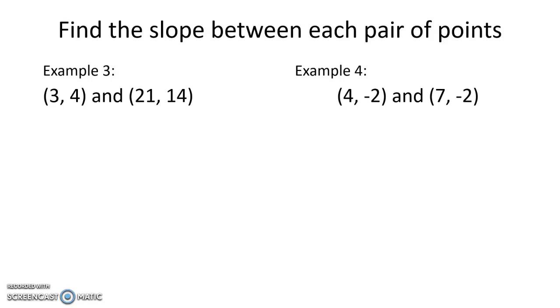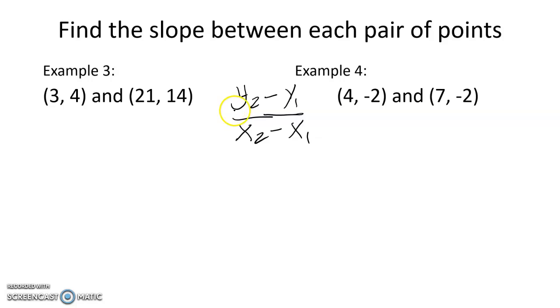So we're given a pair of points here, and we want to find the slope between each of those points. We're going to use the formula I put on the first slide: y2 minus y1 over x2 minus x1.